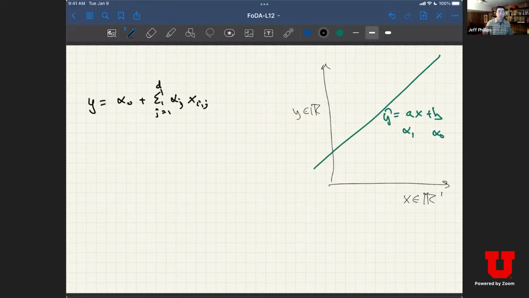If I didn't put the 1 in front, then I'm not solving for alpha 0, which means I don't have an offset. That means this line must go through the origin: y hat equals ax, but I don't have a b. That offset, b or alpha 0, tells me, if all the x values are 0, what is the shift here? So if I don't put that 1 in front, I'm not solving for the offset.